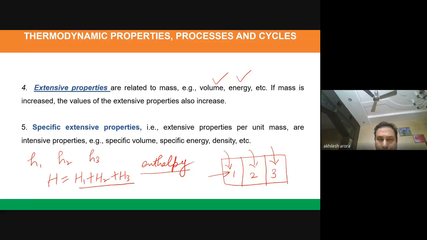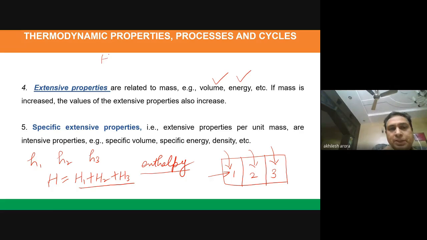Okay. Now, when I say extensive property, there is one more thing that you should remember actually. Whenever I say extensive property, for example, if I am talking about enthalpy H, then it will be equal to m into h, where small h has the unit kilojoules per kg.